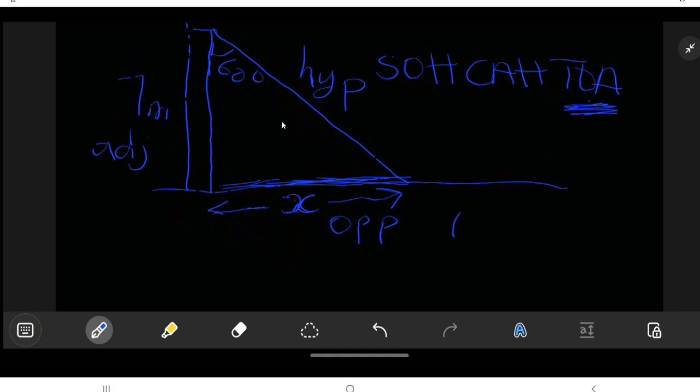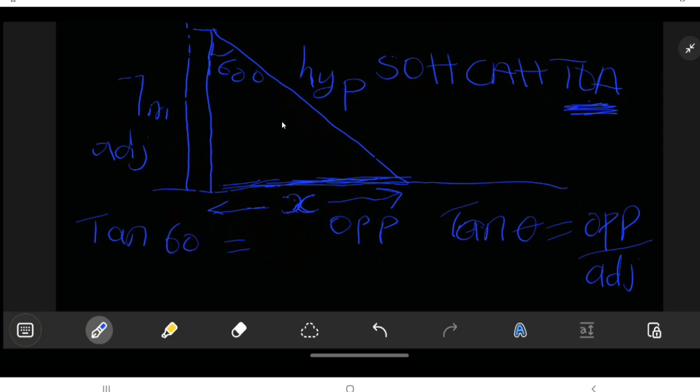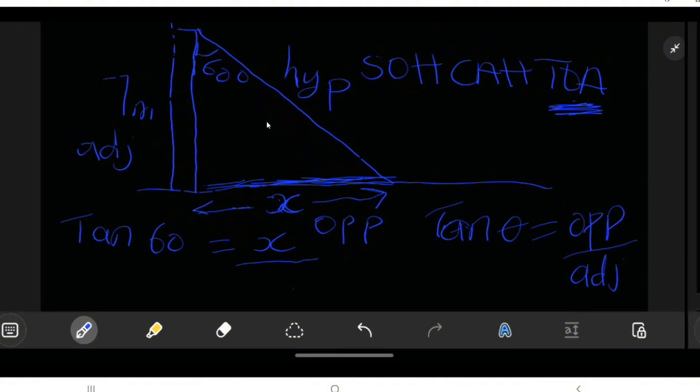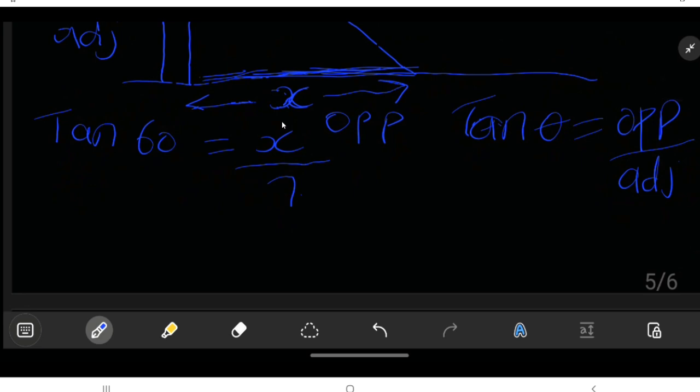Tan theta equals opposite over adjacent. Our theta here is 60 degrees, so tan 60 equals opposite, which is our x, over adjacent, which is 7.